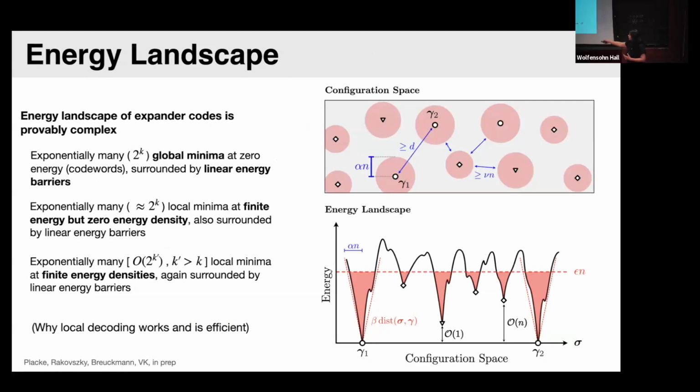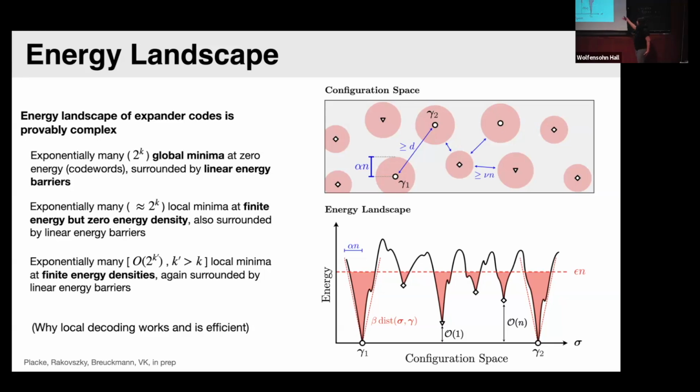These are surrounded by big, big energy barriers, which make it very difficult to leave the ground state. And not only do you have these energy barriers around ground states, but you can show that you have local minima at order 1 energies and at finite energy densities. You have this entire landscape with local minima, each of which is surrounded by very steep energy barriers. So this gives you a very complex energy landscape, which provably realizes a classical spin glass.